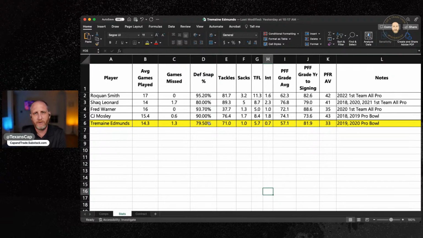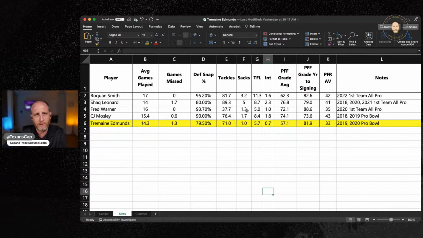So that snap percentage was actually pretty strong the last 2 years, but we looked at a 3-year period, and that 2020 number was pretty low. So that's what dragged him down a little bit. But if you were to look at it on a 2-year snapshot, he would be right in line with everybody else. Tackles, pretty well in line with everybody.